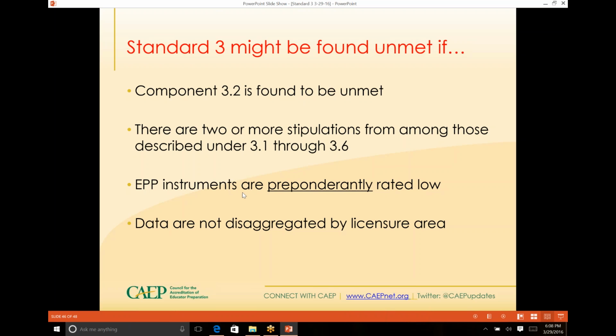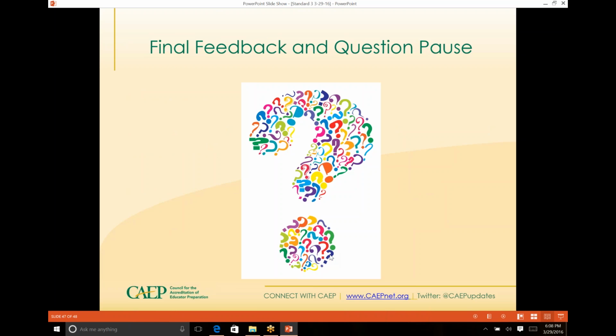And see, it's not 2 or more areas for improvement, it's 2 or more stipulations, meaning these are significant things you've got to fix within 2 years. So if you've got 2 or more of those within the components of Standard 3, it could be an unmet standard. If any EPP instruments you use are preponderantly rated low in quality, and if you do not disaggregate by licensure area. So it gets back to that point that we have visited earlier.